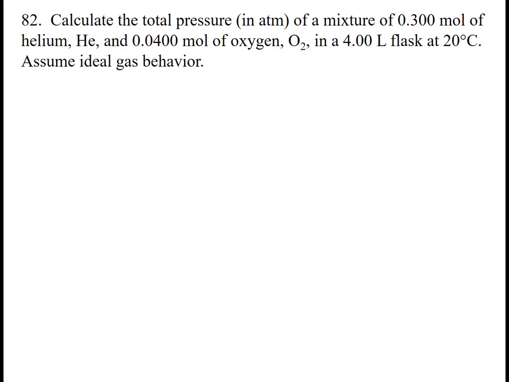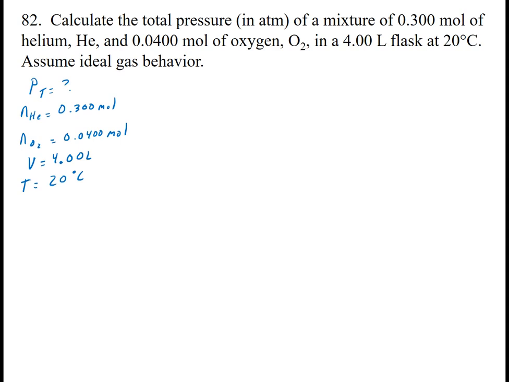So the first problem wants me to calculate the total pressure. So PT is equal to what? When I have n of helium is 0.300 moles, n of oxygen is 0.0400 moles, a volume of 4.0 liters, and a temperature of 20 degrees C. Now there's two ways to do this problem.